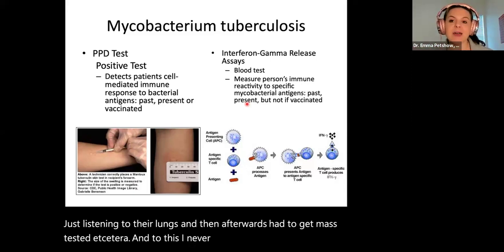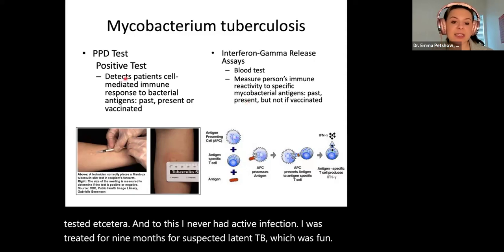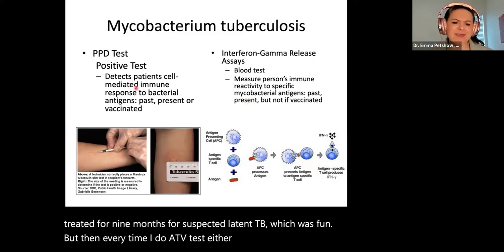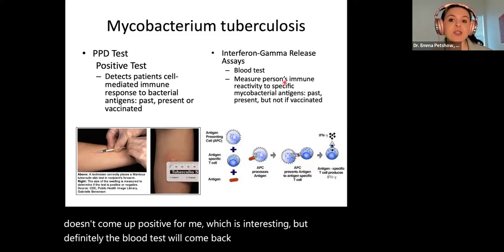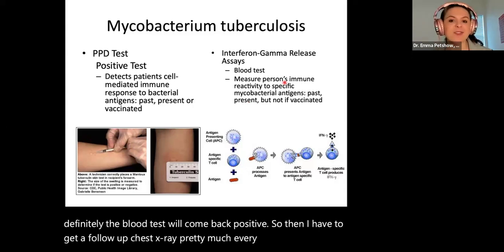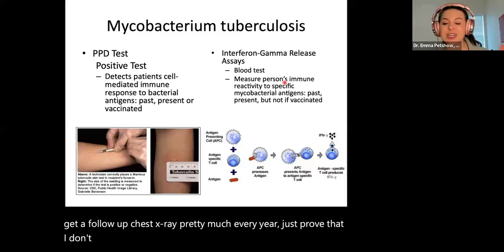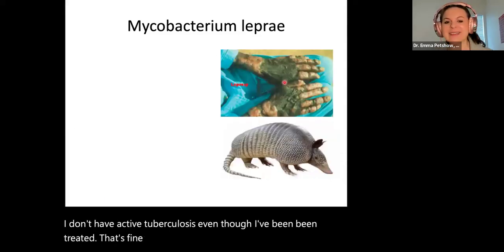I was treated for 9 months for suspected latent TB, which was fun. But then every time I do a TB test, either a PPD, although this often doesn't come up positive for me, which is interesting, but definitely the blood test will come back positive. So then I have to get a follow-up chest x-ray pretty much every year to prove that I don't have active tuberculosis, even though I've been treated. So it's fun. All right, that's my TB story.